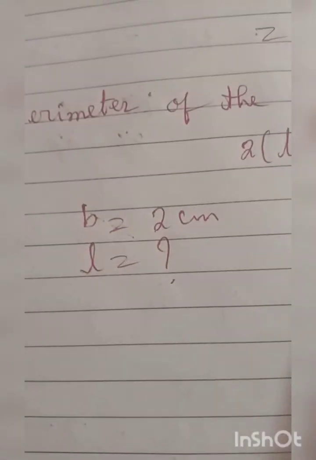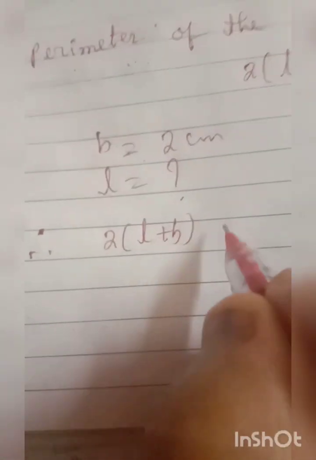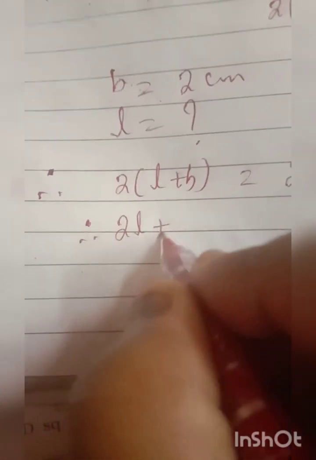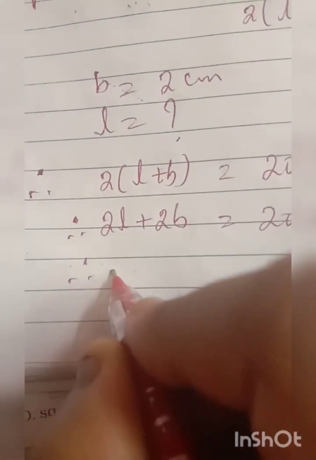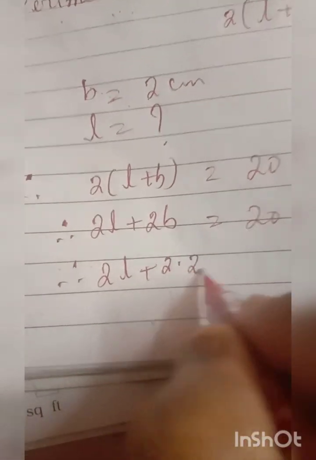We don't know the length. Therefore, 2 into L plus B equal to 20. Now 2L plus 2B equal to 20. In place of B, we put the value of breadth, 2 into 2.